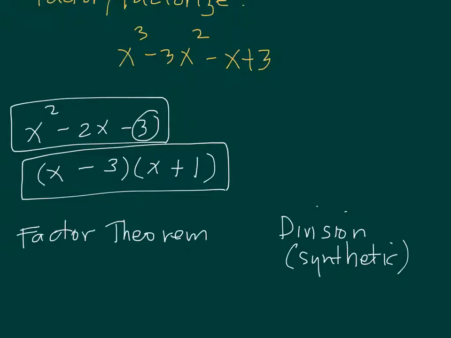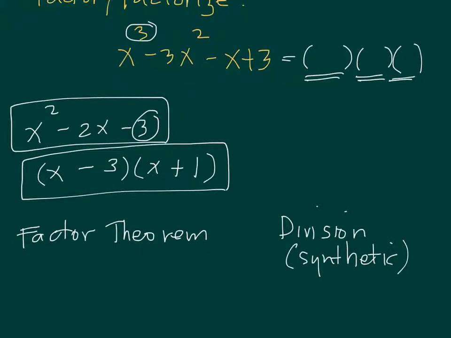Okay, so the key in factoring this is that we need to transform this into an expression times an expression times another expression. Okay, the highest possible number of factors that you can have is the exponent of the leading term, which is x cubed.